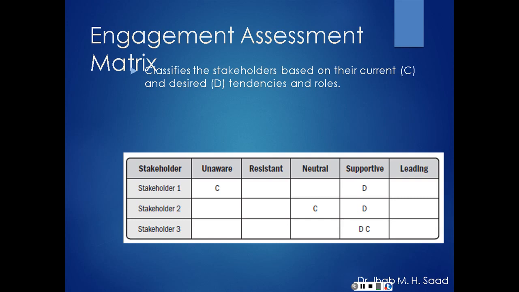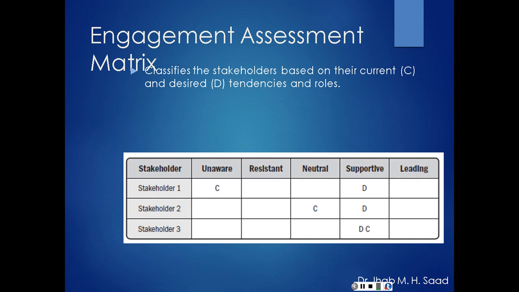So again, another way of classifying these stakeholders: we list their names, and here are the 5 different classifications: unaware, resistant, neutral, supportive, and leading. We can write down the current status with the letter C, and then the desired status with the letter D. So for example, stakeholder number 1 was unaware of the project.